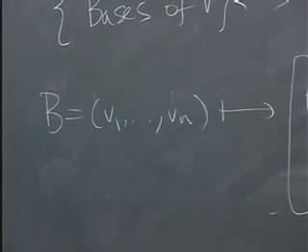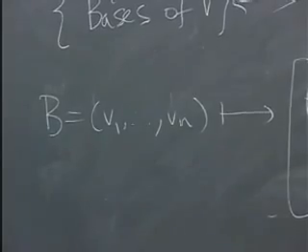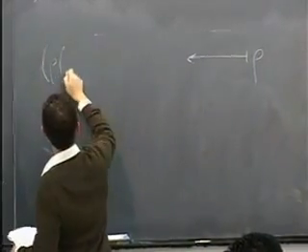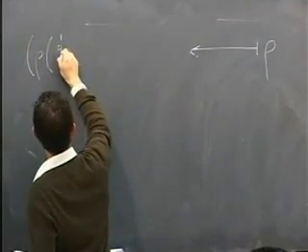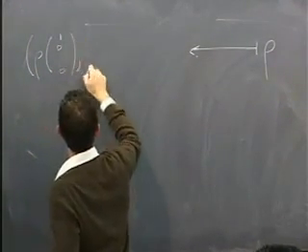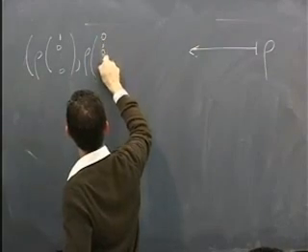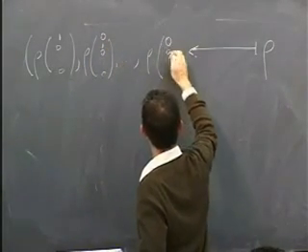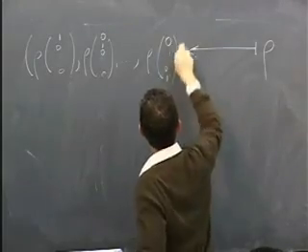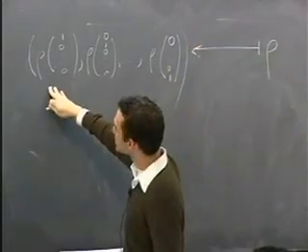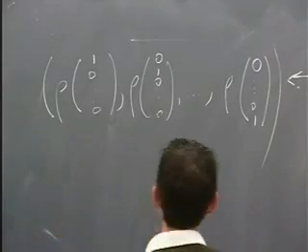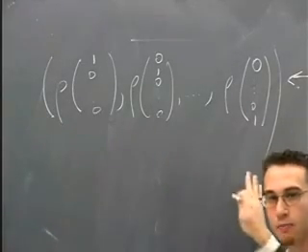Another way of putting exactly what you just said is that we take rho to the ordered set of the rows 1, 0, 0, and then 0, 1, 0, and then onwards to 0, 0, 1. So there's this standard basis of Fn, and we just evaluate rho on that standard basis.